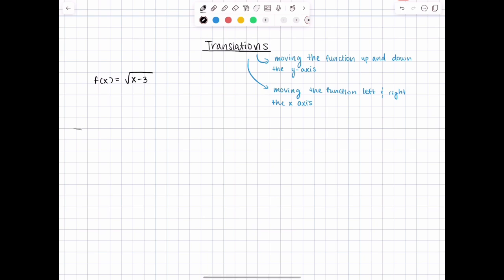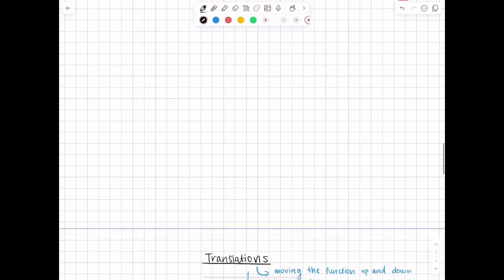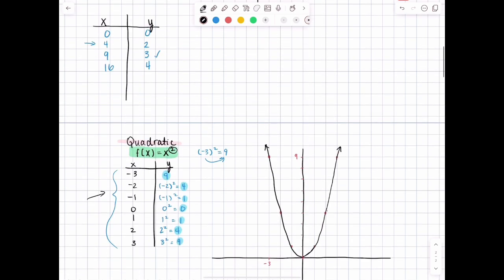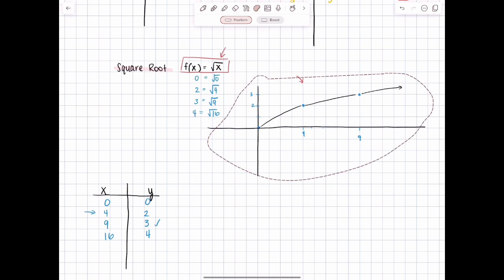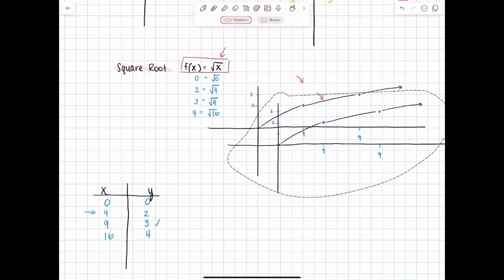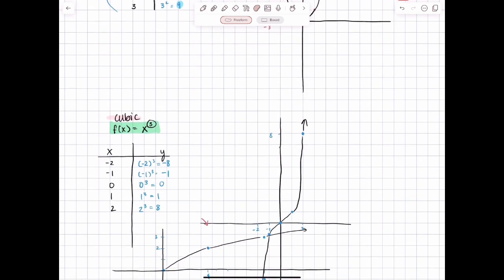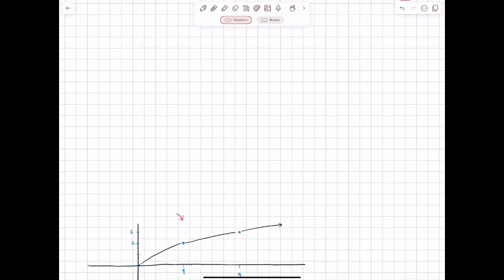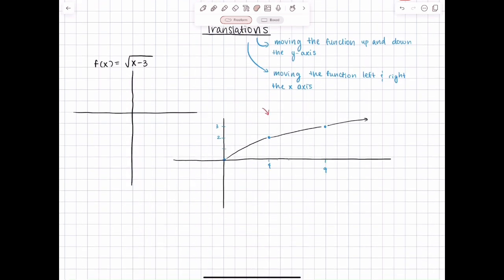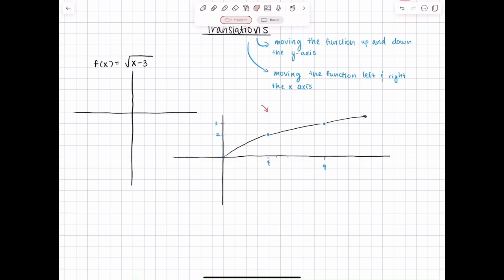First we're going to draw our parent function. From the previous video, we know that the parent function of a square root looks like this. So I'm just going to bring this down. There, this is what it looks like.